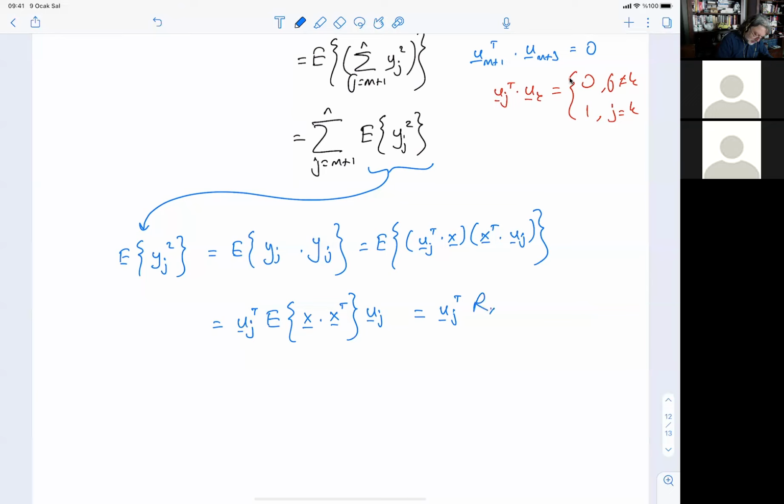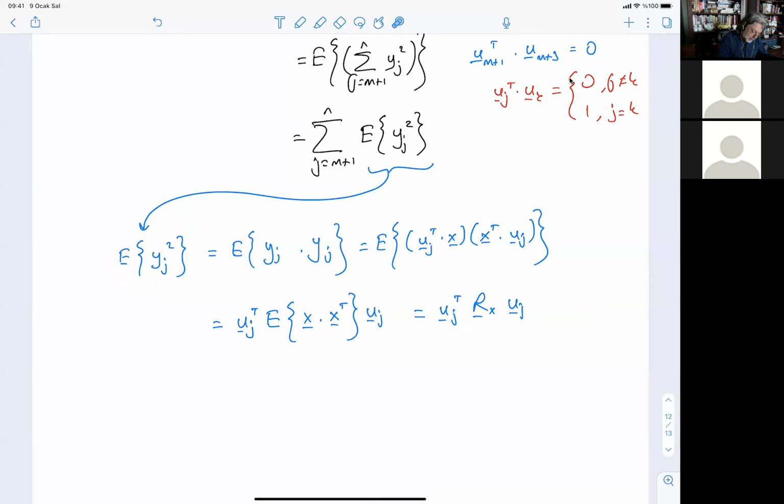We are very comfortable with this autocorrelation definition. So this expectation in the middle is the autocorrelation. We know it. So that's it. It's uj transpose Rx uj, one of these expectation operators.